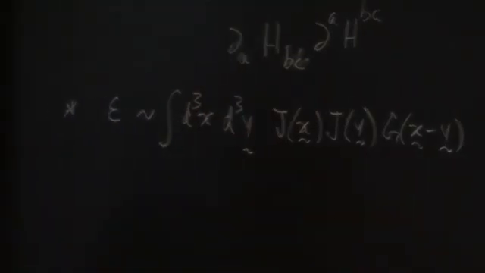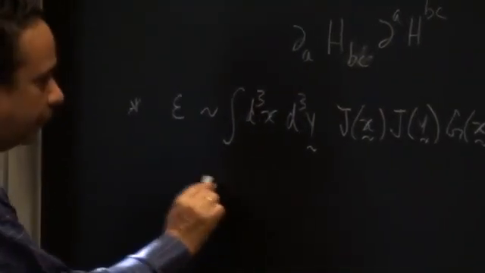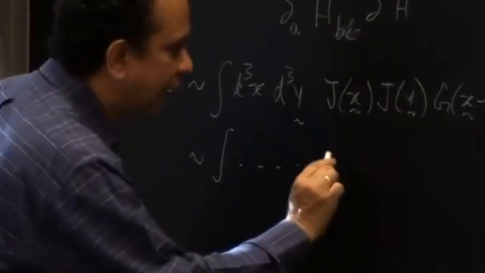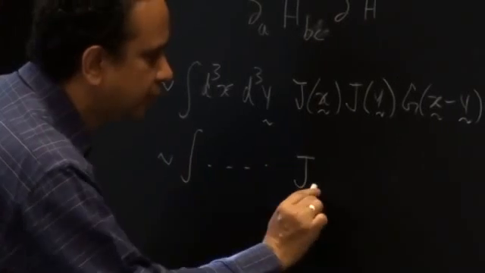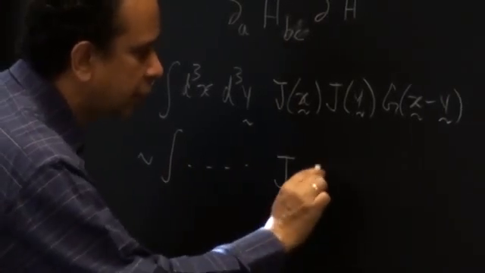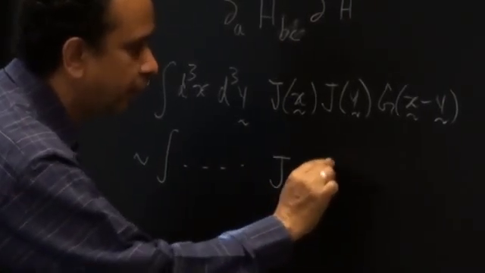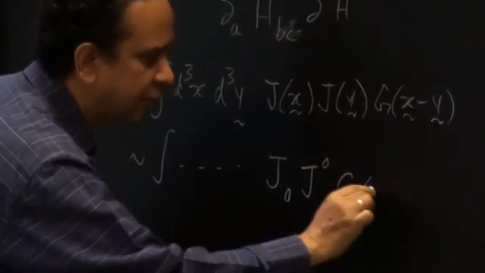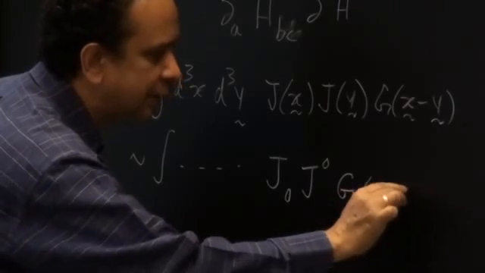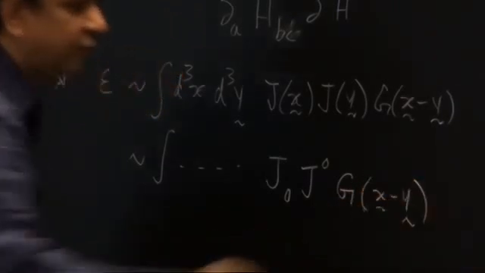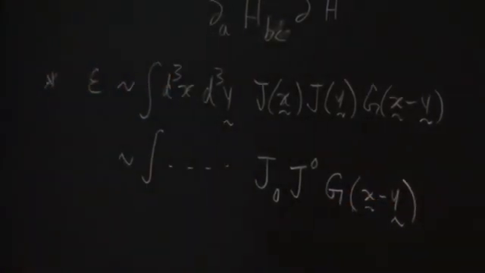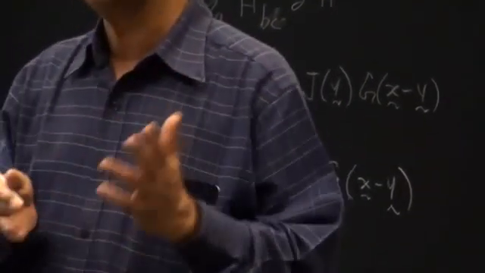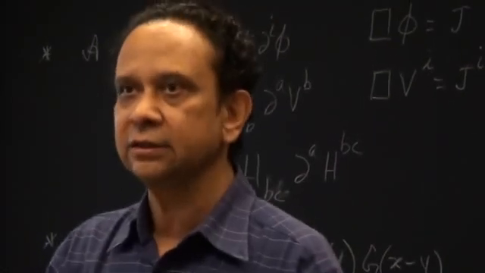And if you write down the corresponding thing in the vector theory, you will end up getting the same kind of integrals here. And here you will get a J0 contracted with another J0 times a G00. That I will just denote by G. That really doesn't matter. I am thinking of a source in electromagnetism where only the zeroth component is non-zero. So think of your del square phi equal to rho, electrostatics 101.